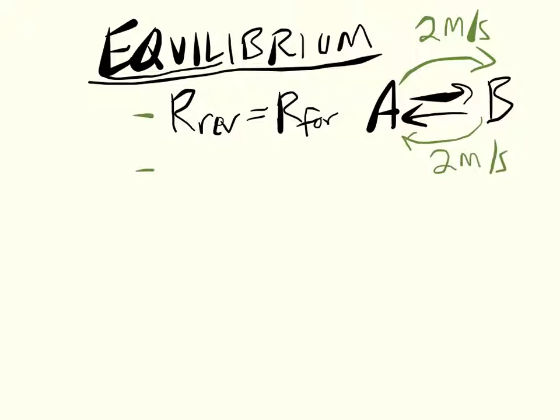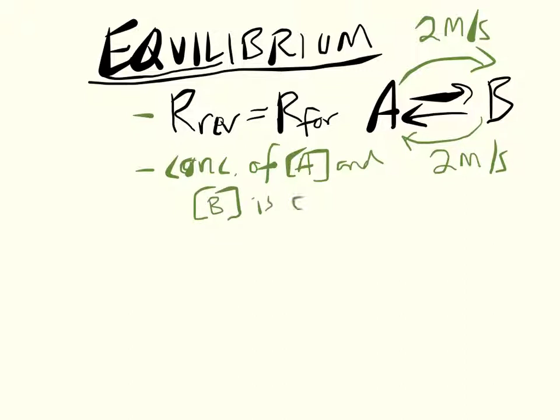So if those rates are equal, we also know the concentrations of A and B are constant. They're not changing. Because for every 2 moles per second that A gets converted into B, 2 moles are also getting converted back into A. So the amount of A is not going to change.